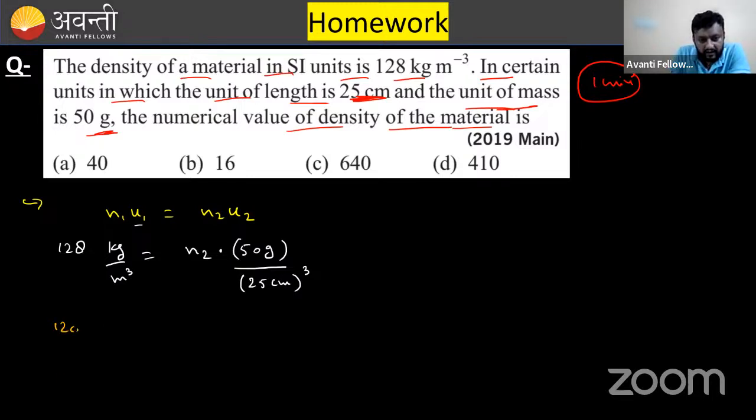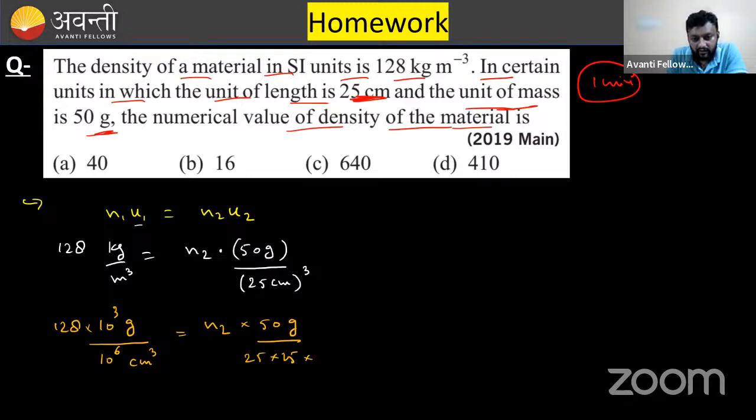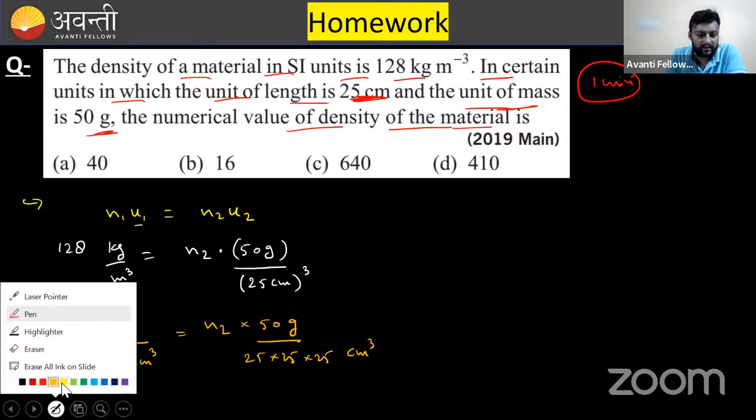Now you can simplify things by changing the values. So 128 is here. Kg you can convert into gram, that is 10 to the power 3 gram. Everybody knows. You can convert meter into centimeter, that is 10 to the power 2 centimeter, but it is cubed. So 10 to the power 6 centimeter cube is equal to N2 into 50 gram divided by 25 into 25 into 25 centimeter cube. Now you can simplify again.